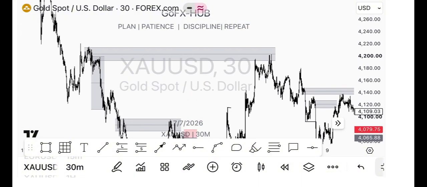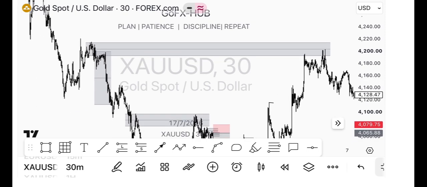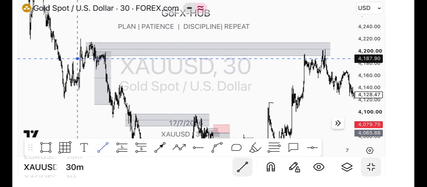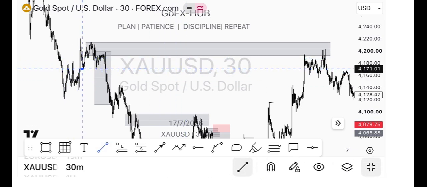So on the 30 minutes, we saw that the market at this side went up and created this angle side, and it was left unmitigated. This side broke. This is what happened.